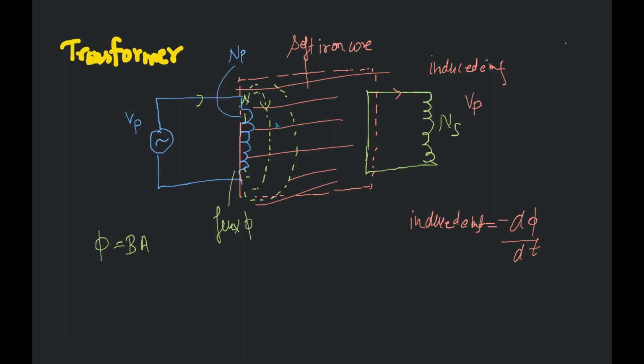By Kirchhoff's law, we can find the value of Vp. It is equal to Ep, the voltage across the primary source. The potential across the primary coil is equal to the number of turns of the primary coil times dφ by dt, the change in flux with respect to time.